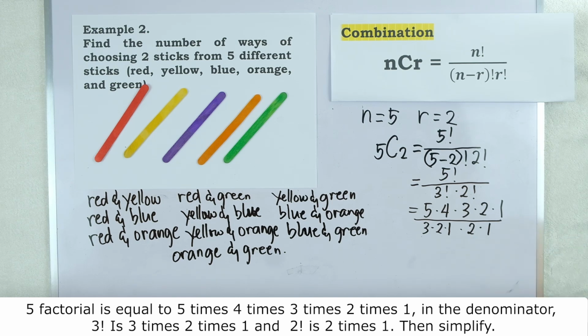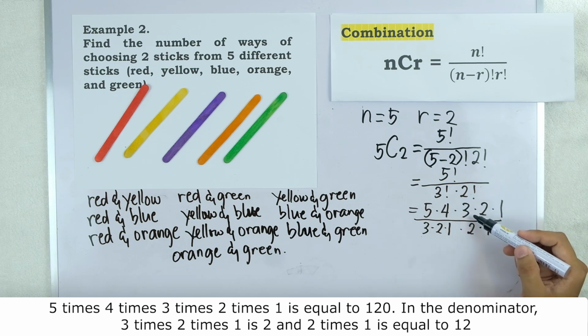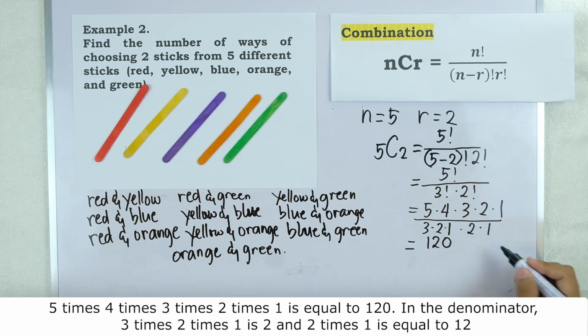Then simplify. 5 times 4 times 3 times 2 times 1 is equal to 120. In the denominator, 3 times 2 times 1 and 2 times 1 is equal to 12.